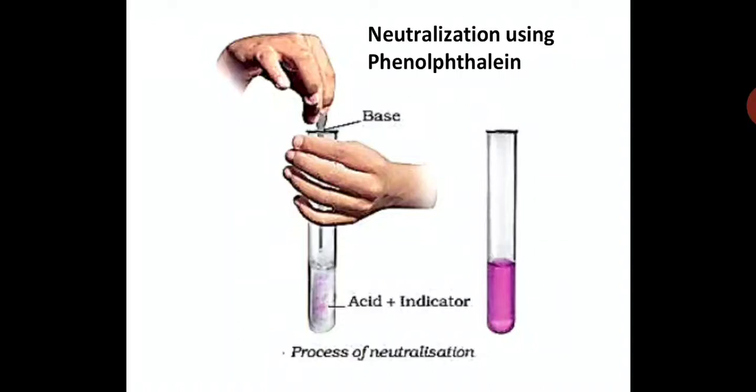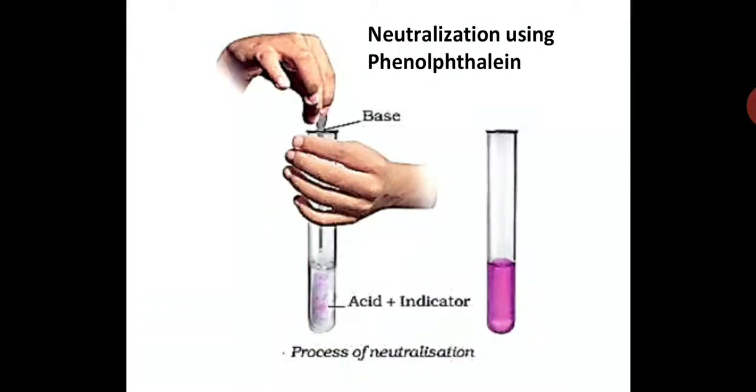But you keep adding and a certain point is reached when just an excess of a single drop of base will give a prominent pink color, because when you are adding base to the acid, the base is getting neutralized. That means the solution is neutral, it will not show any color change.